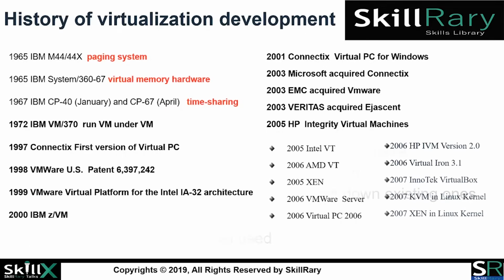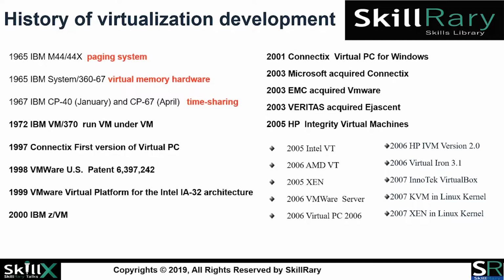So you got to know the history of virtualization and how it started. It all started with the IBM M44X machines in 1965. These were called paging systems. You had a large system, and you could bifurcate it to create different servers on top of an IBM machine.